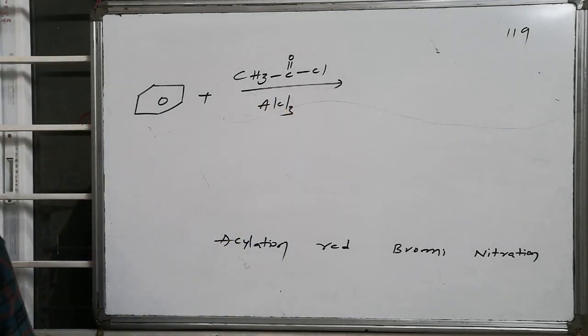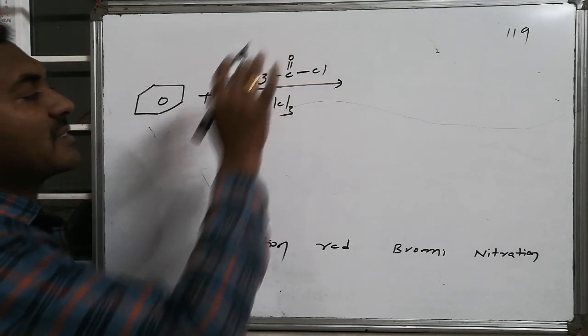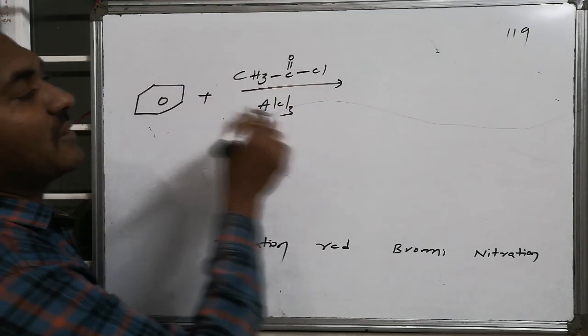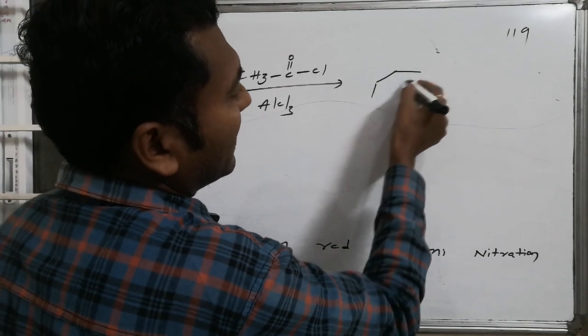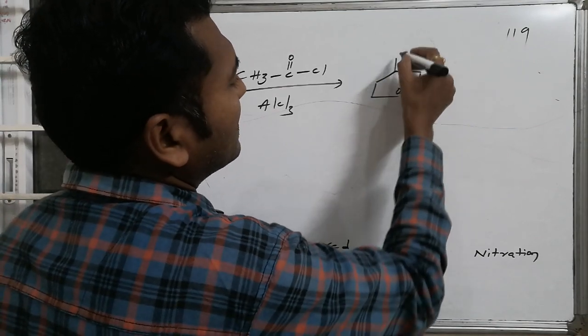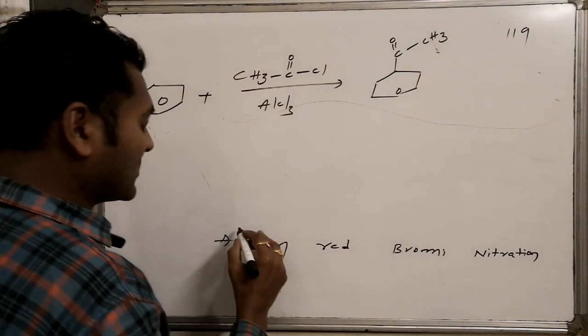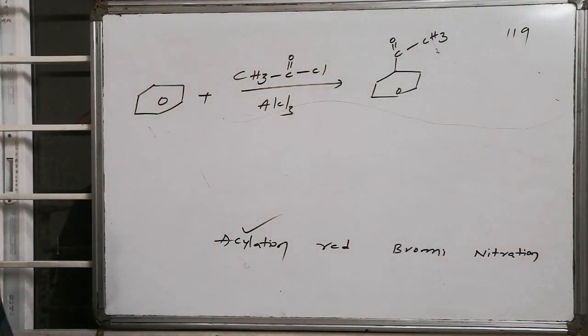Aluminum chloride is a Lewis acid, so here acyl cation generation takes place. The acyl cation is a stable electrophile. It attacks the benzene and acyl benzene formation takes place. This is step 1, acylation is completed.